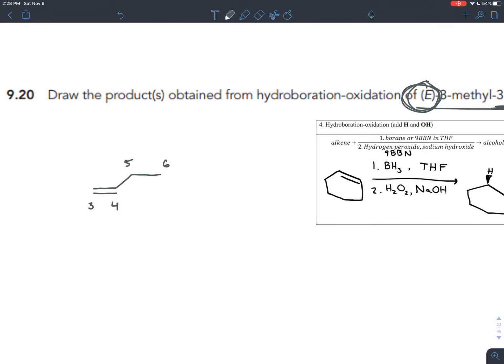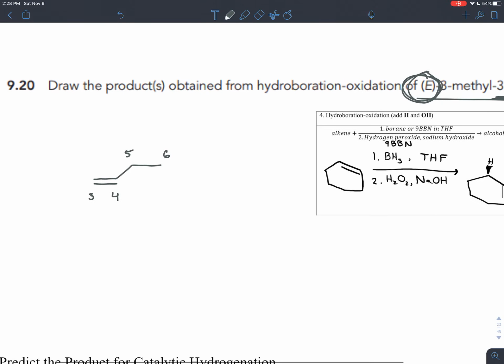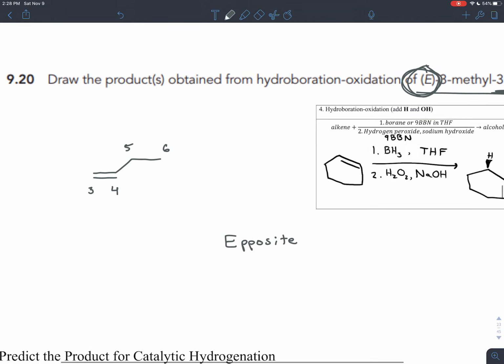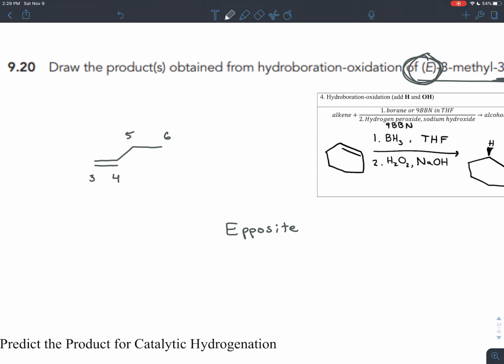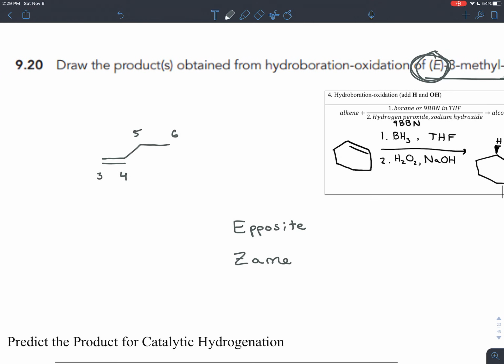That's where you look at the stereochemistry. Here it's E, that stands for opposite, right? Or entgegen in German, which means opposite. It's E as opposed to Z, which is if they're on the same side, coming from the German zusammen, which means together. Okay, well here it's opposite, it's E, that means you want 1 and 2 to go on the opposite side as 5 and 6. So you could see how this branch is going down, this branch is going up.